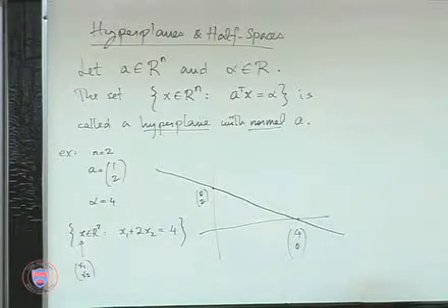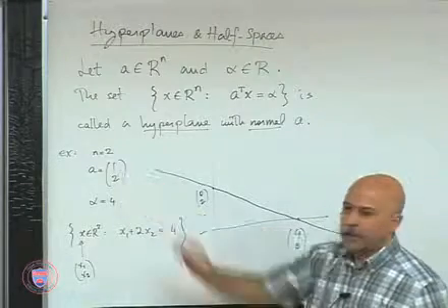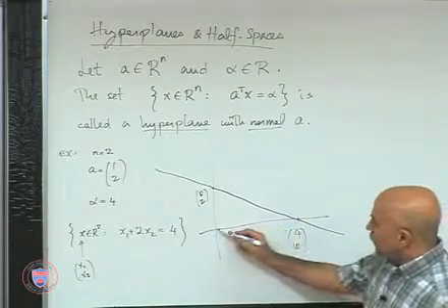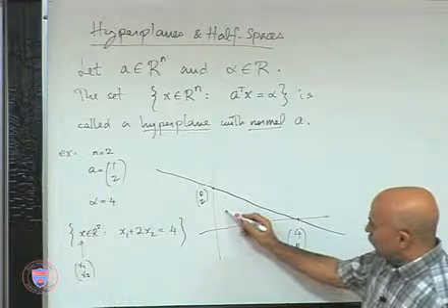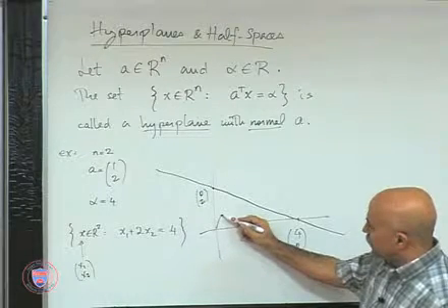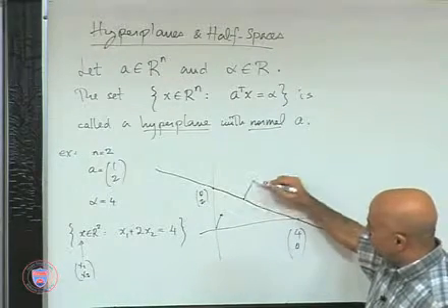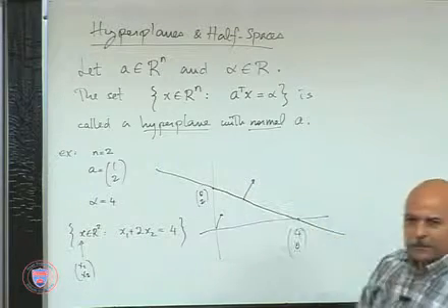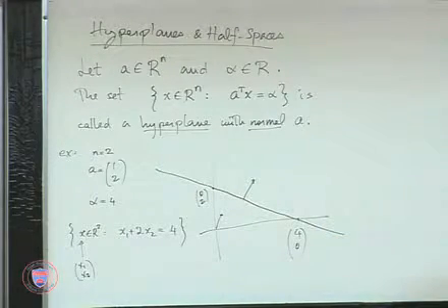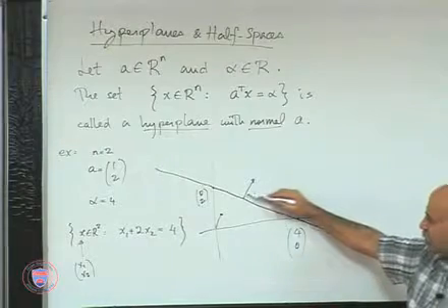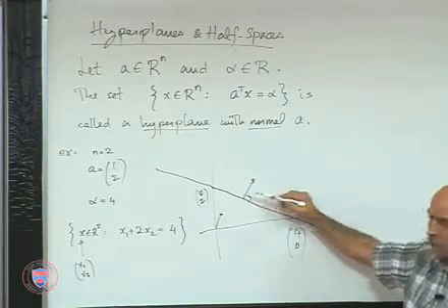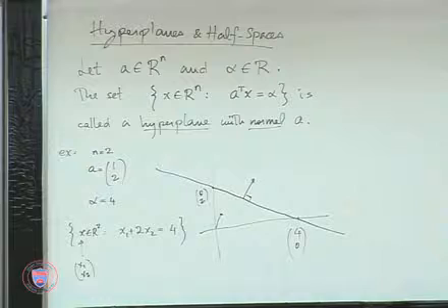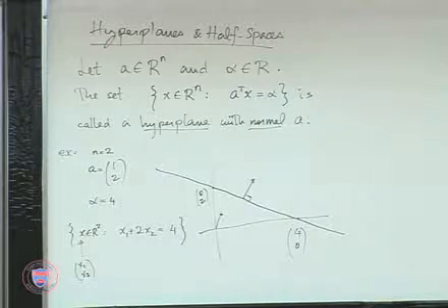What's the normal? The normal is (1, 2), because if you go 1 unit this way and 2 units that way, you get this vector. And if you carry that vector to some other point on the hyperplane, you can see that it's really normal. Normal means it's orthogonal, 90 degrees. It is indeed normal.